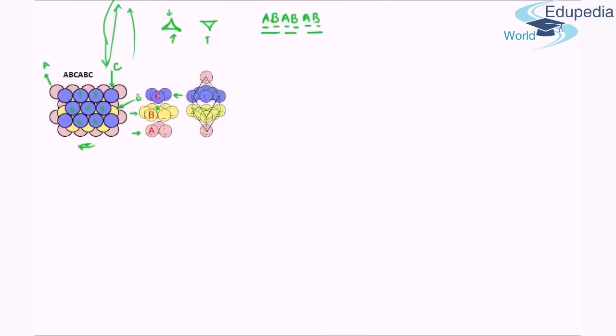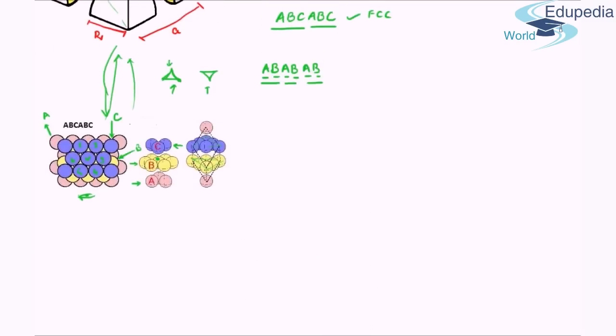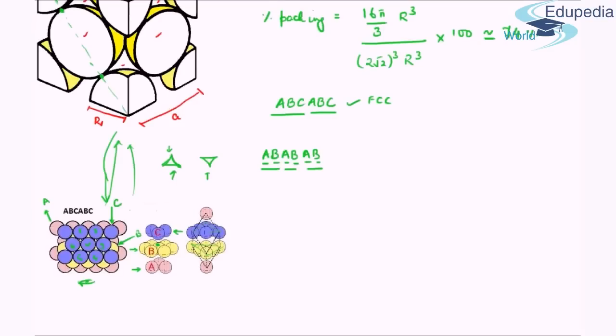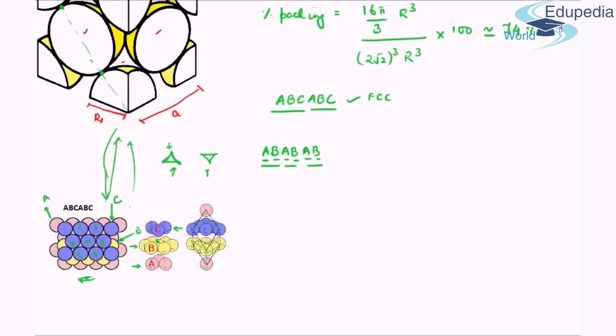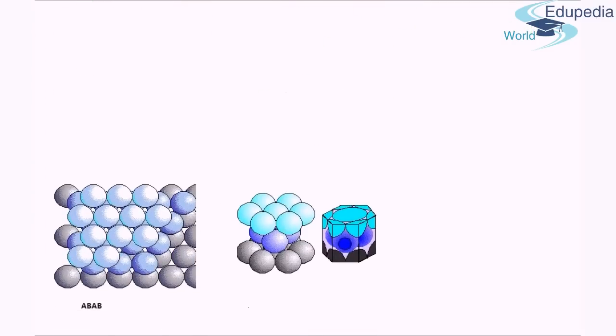As I have already mentioned here, the hexagonal system is quite similar to the face-centered cubic in the sense that the basic foundation of atoms, the arrangement of atoms is the same, just the repetition is different. So let me show you here. Here you can see this is my A layer and this is the B layer.